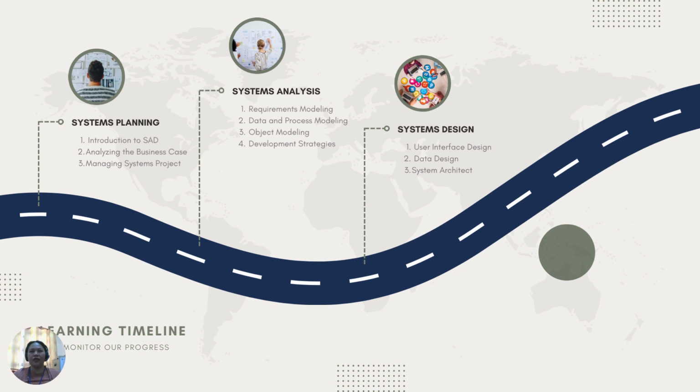So we will be creating diagrams using software. And if we have enough time, we will also cover phase three, systems design, and we will be creating user interface design, data design, and system architecture, not system architect.